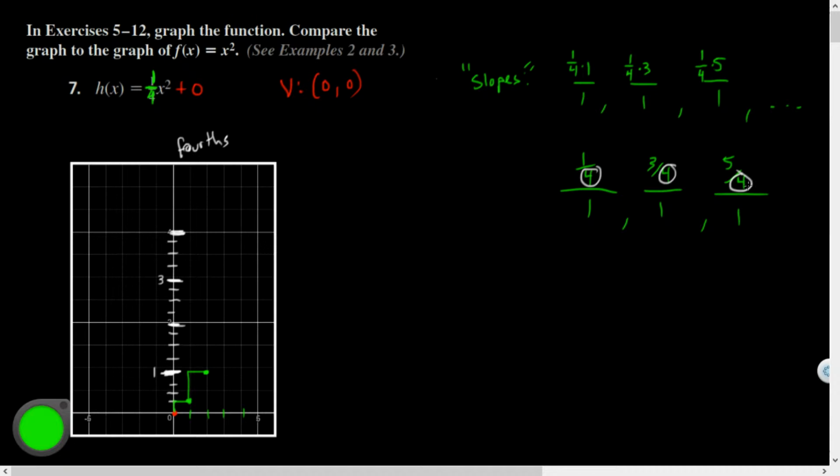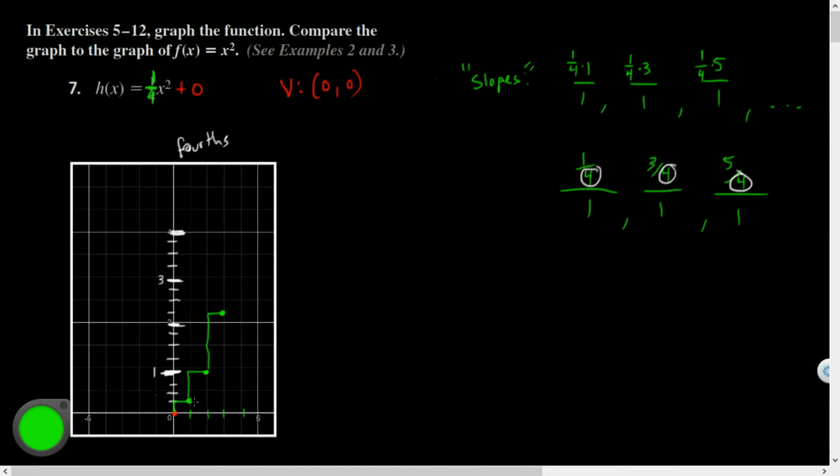And then up 5 of these quarter tick marks, so that's 1, 2, 3, 4, bringing me up to the 2 1/4 mark, and over 1. It's kind of weird, especially with these fractions, but by adding these tick marks at the fourths places, it's so much easier to graph.